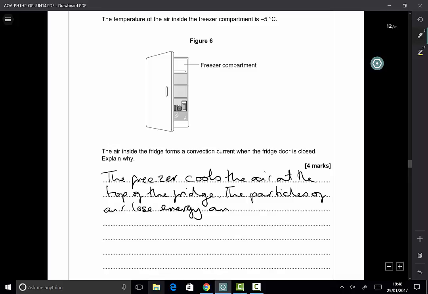And they move closer together. The cool air becomes denser. And because it's denser, because the particles are close together, it sinks to the bottom of the fridge.